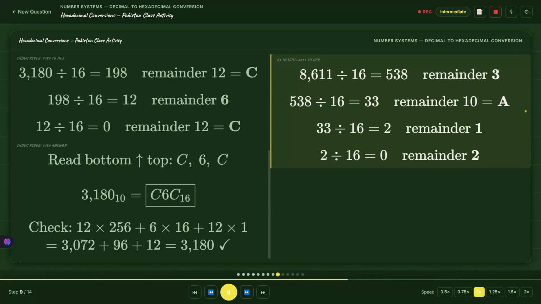K2, the second tallest mountain on Earth, is 8,611 meters high. Let's change that. We split by 16 4 times. We get remainders 3, then A, that is 10, then 1, then 2.